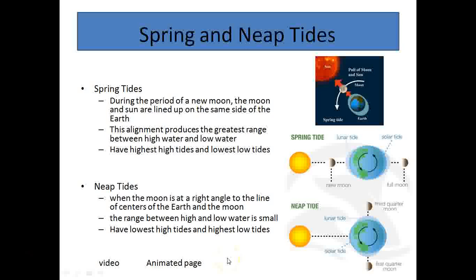So that is when we have neap tides. That is during the first quarter and third quarter moons. New moon and full moon is when we have spring tides. First quarter and third quarter is when we have neap tides. Again, there are good videos and animations there for you to see.